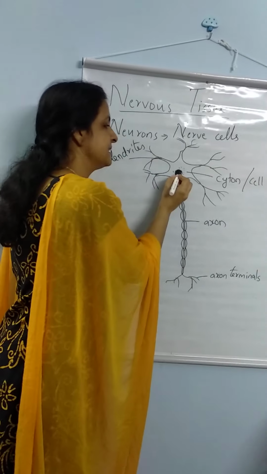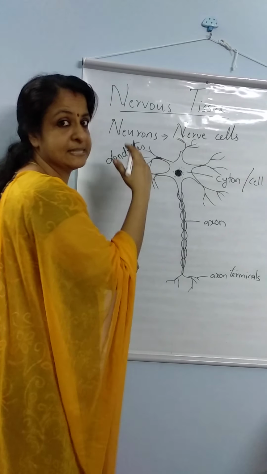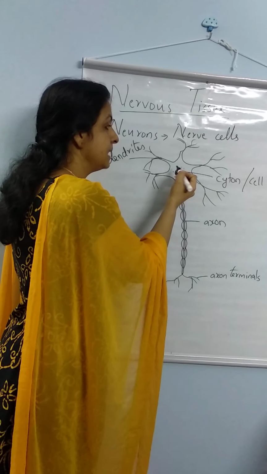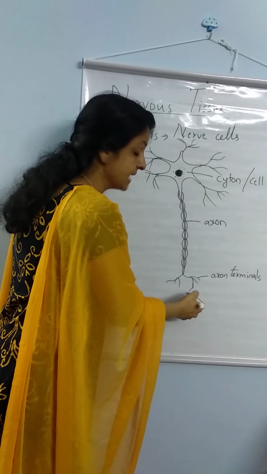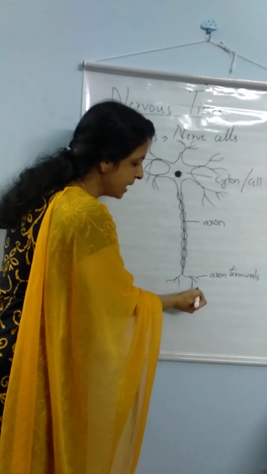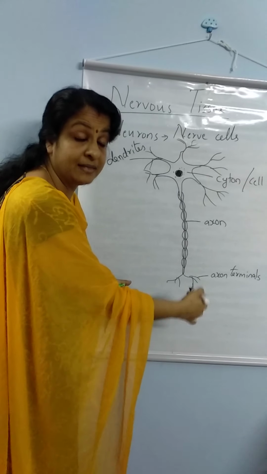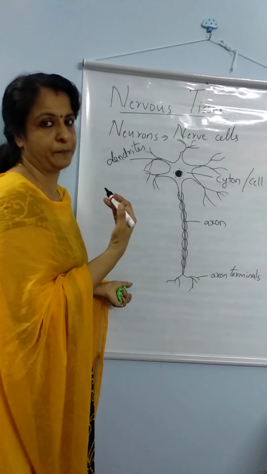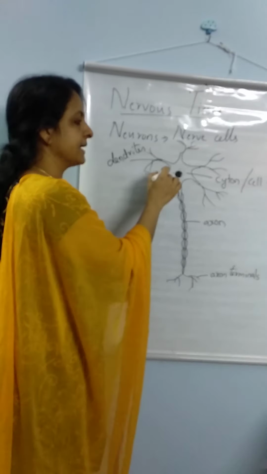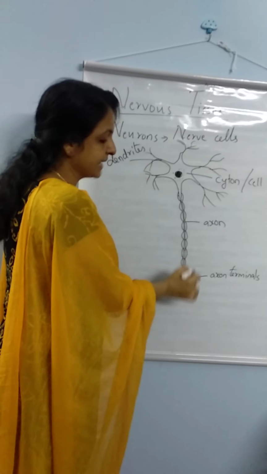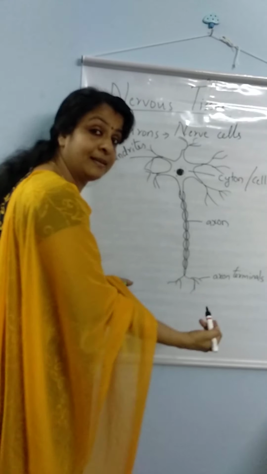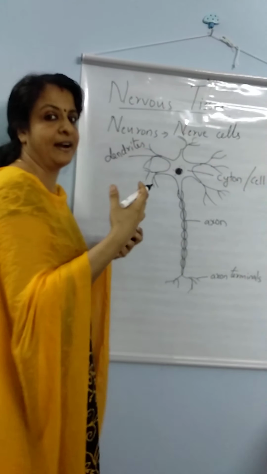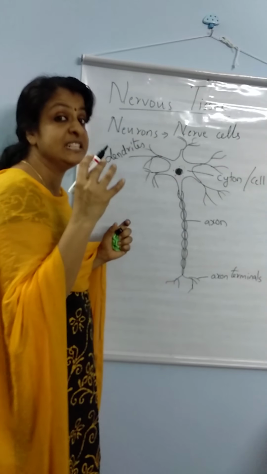Now the impulse is taken to the nucleus, where it is processed. From there, the impulse is carried by the axon, and from the axon end the next neuron starts. The axon end of one neuron lies next to the dendrite of the next neuron, but they never touch each other.